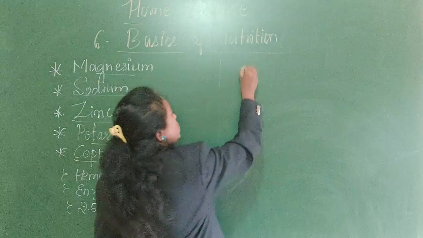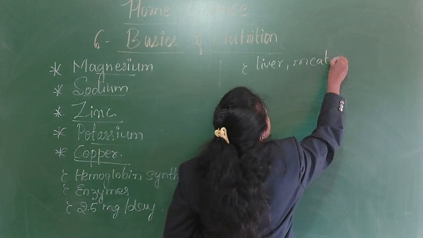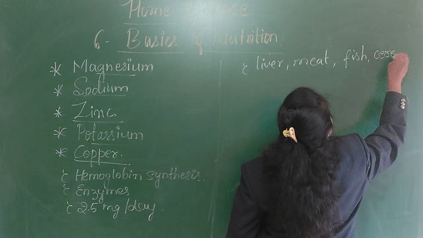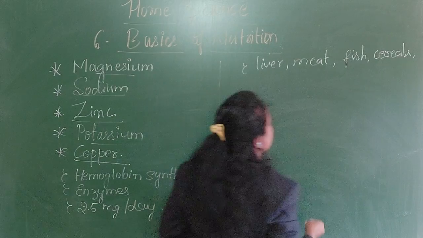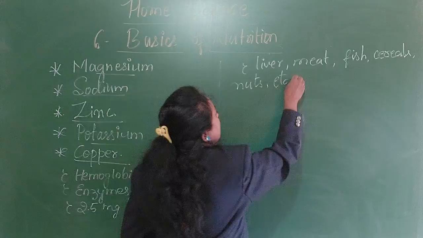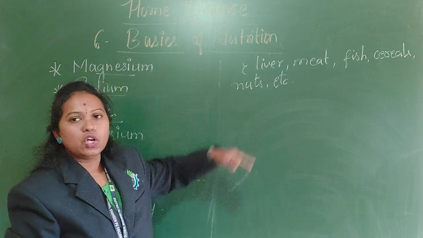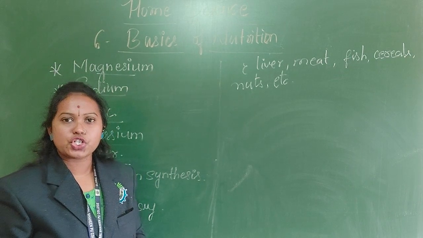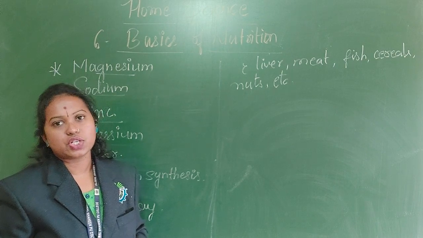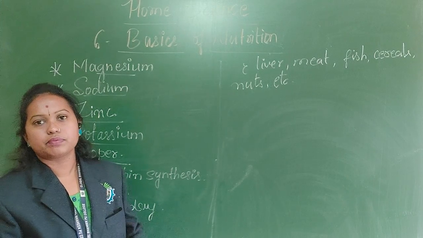When coming to the sources, these are liver, meat, fish, cereals, nuts, etc. Sources of copper are liver, oyster, meat, fish, cereals, nuts, legumes, whole grains, etc. These are some of the food sources of copper.